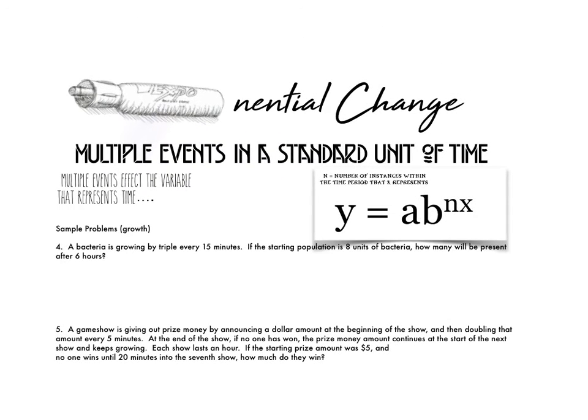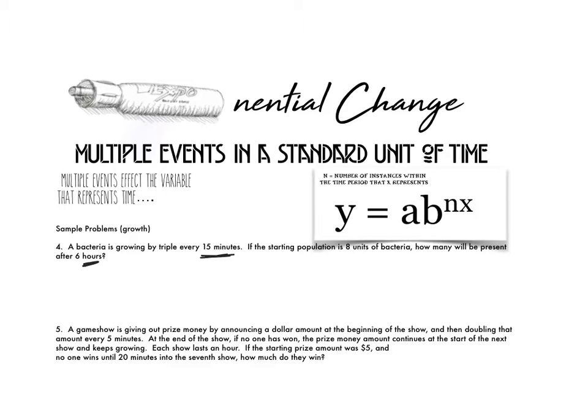Here's our next concept. Sometimes you have multiple events happen in a standard unit of time. For instance, we have a bacteria that triples every 15 minutes. Well, what if our formula is asking us questions that are dealing with hours?